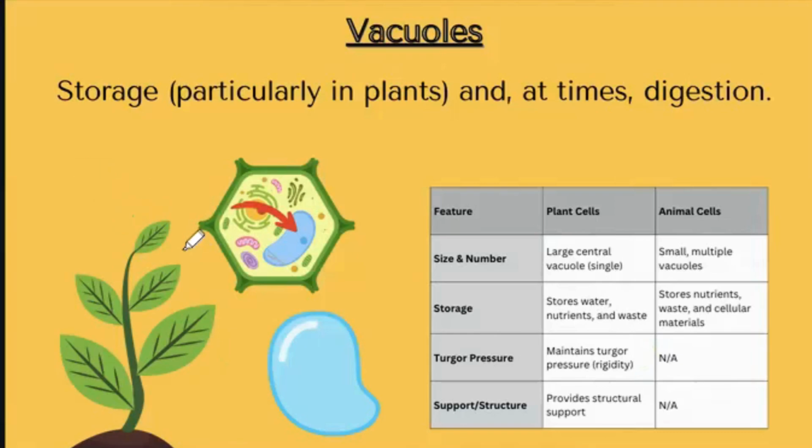You want to think about when there's a rainstorm of some sort in the wilderness, if you see trees, they're not really wilting or falling apart that easily, and that's due to turgor pressure caused by the vacuoles themselves. And so essentially you're providing the structural support. Whereas with animal cells, you're just using it as a backup storage for those nutrients, waste, and cellular processes.